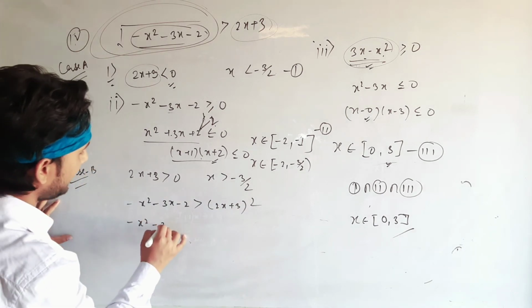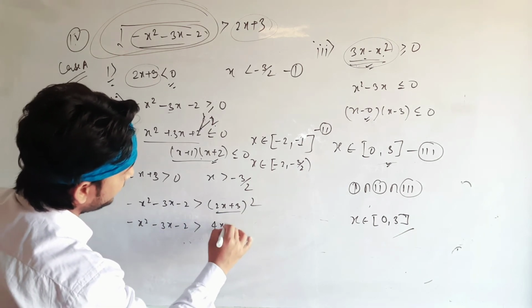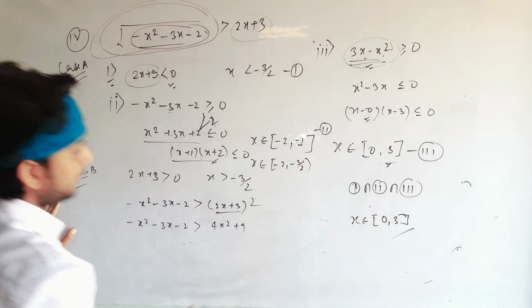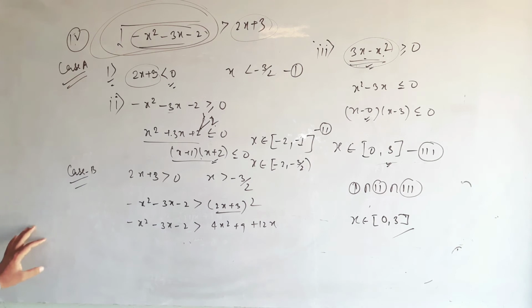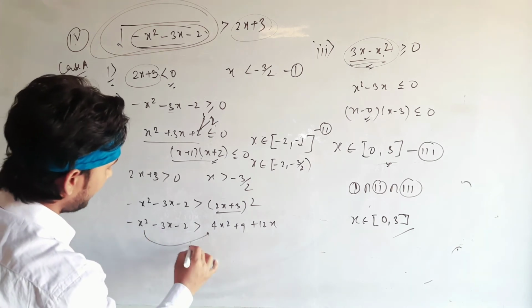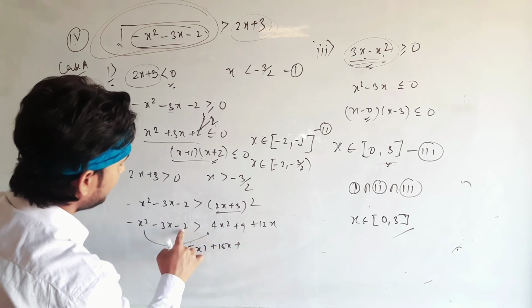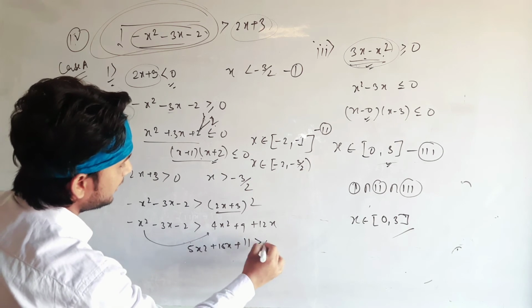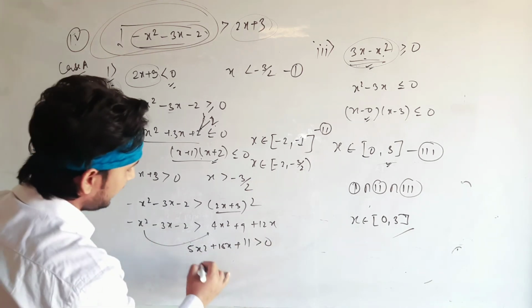Minus of (x square minus 3x minus 2) greater than (2x plus 3) whole square. It means minus x square minus 3x minus 2 greater than 4x square plus 9 plus 12x. When you add here, that will be 5x square plus 15x plus 11 greater than 0. And you should check the discriminant here.